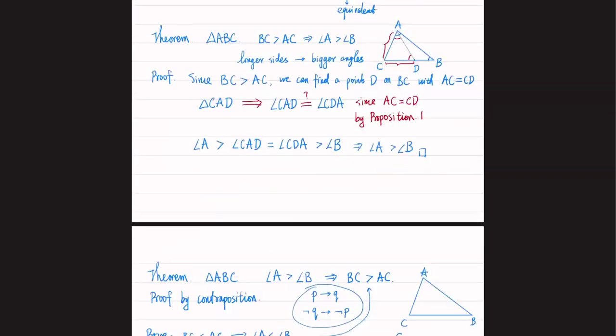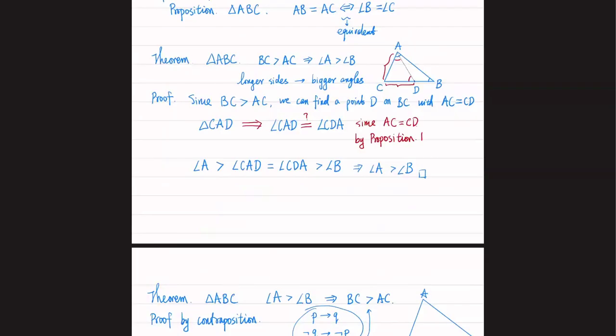So that's the last step we had. First one, longer side, bigger angles. So we said this, we want to prove this, the corresponding angle is bigger than this one. Because this side is longer, we can find a point such that this side has the same length.